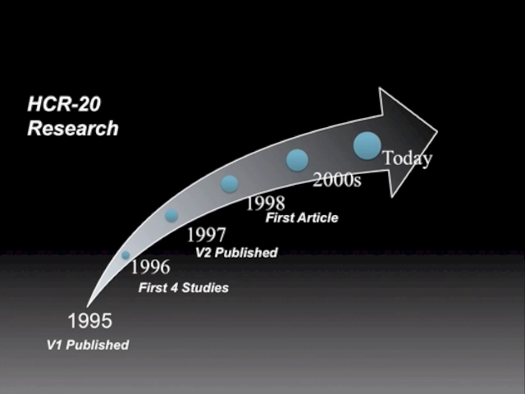And does anybody here know who published the first article? The good Professor Belfrock did. In the 2000s, there literally was an explosion of research on the HCR-20. And that has brought us to today, where this will be the formal day on which version 3 is published.